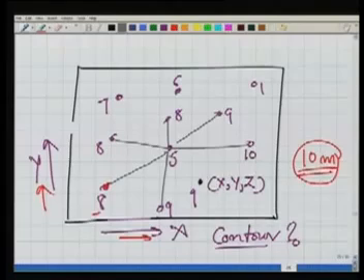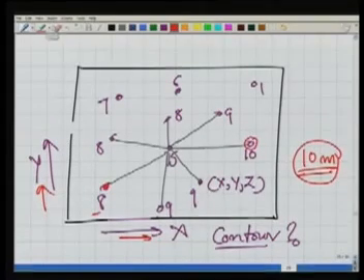Now this point is 15, and I join all of them. Now where should the 10 meter contour be? Because this is already a 10 meter point, it should pass through this point. Over here, because this is 9 meter, this is 15 meter, the 10 meter contour should be somewhere here. 8 meter, 15 meter, the 10 meter contour should be somewhere here.